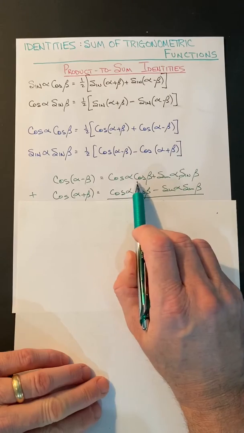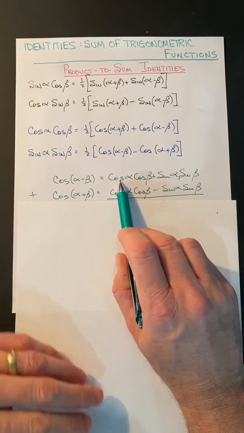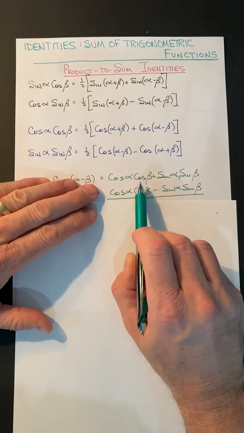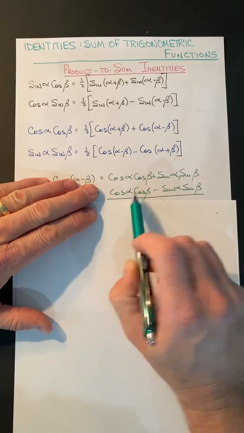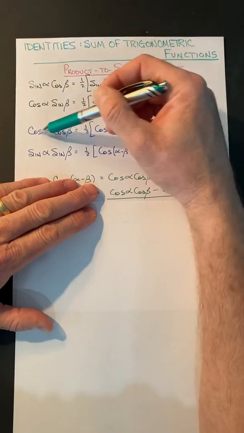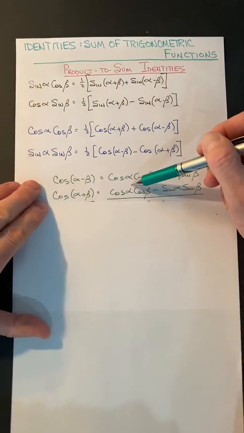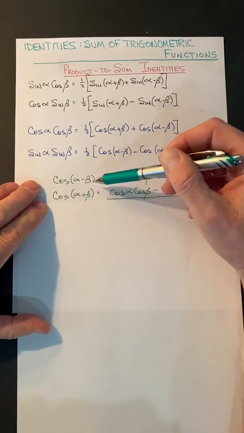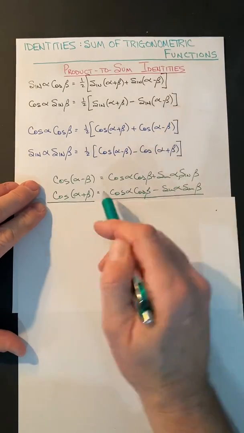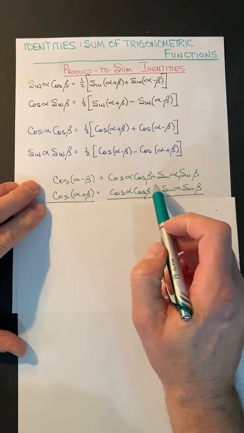Because look over in these formulas. See how I've got cosine alpha, cosine beta, cosine alpha, cosine beta. So I've got this already embedded into another identity. Okay, so I've written each of these completely out.